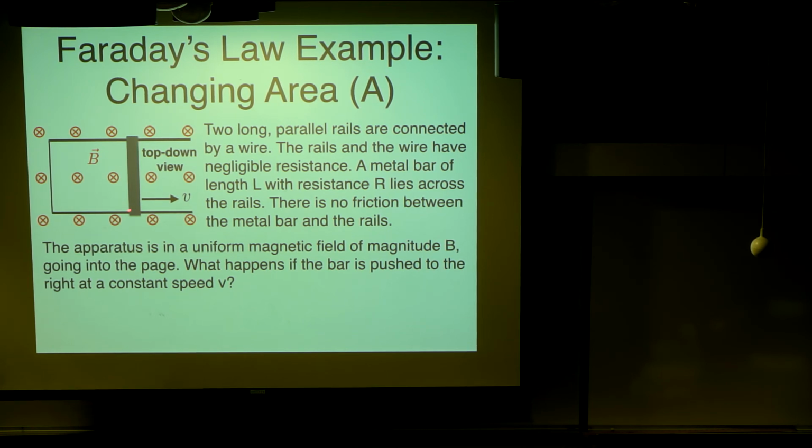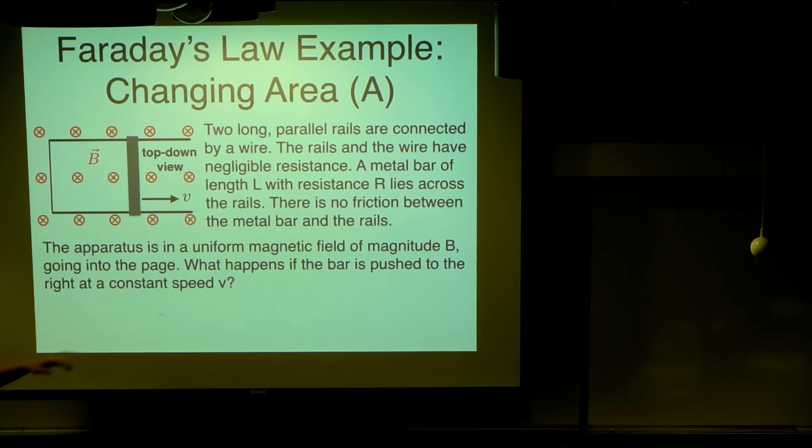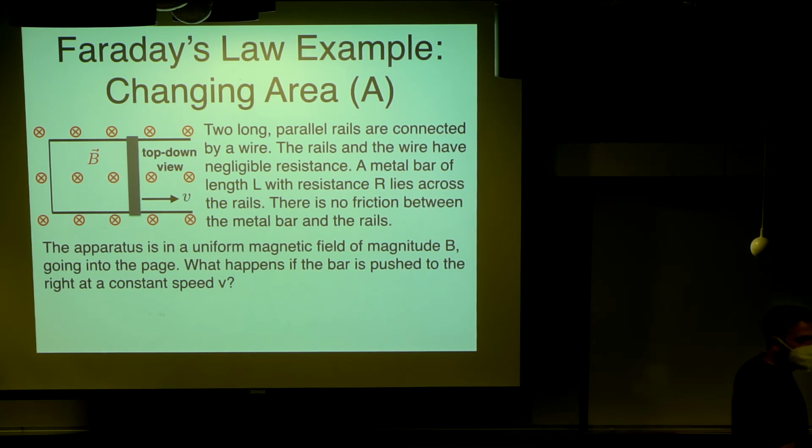Yeah, it looks like it, because we're not changing how strong the B field is, but what we're effectively changing is the area of our loop. The area gets bigger if we push the bar to the right, and it gets smaller if we push the bar to the left. So either way, we are effectively changing the area, and yeah, Faraday's law is going to come into play. We're going to induce some current to start flowing in this case, okay?